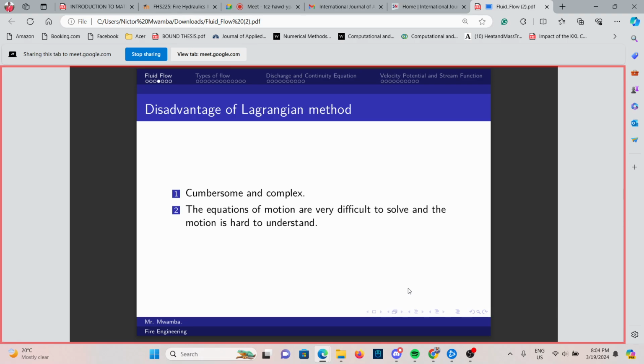The equations of motion become very difficult to solve and hard to understand. So it just becomes very sophisticated. That is the disadvantage of using the Lagrangian method to describe fluid flow.